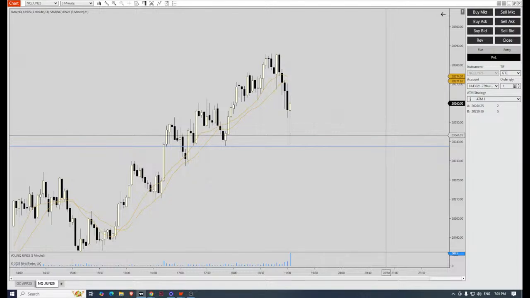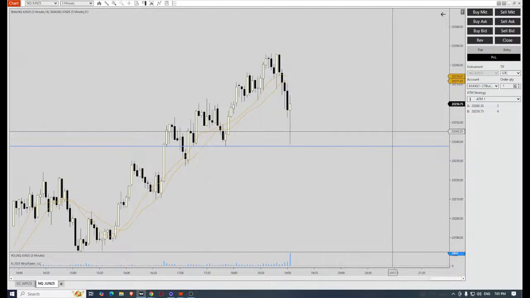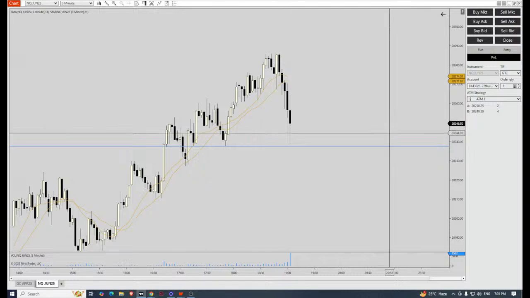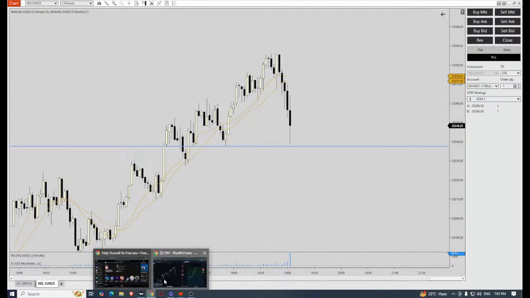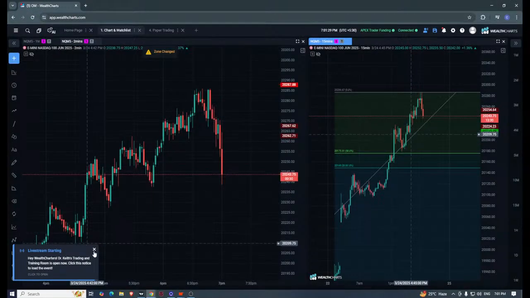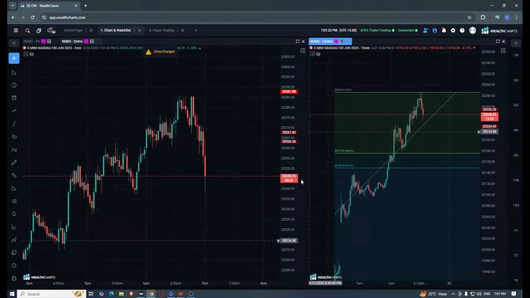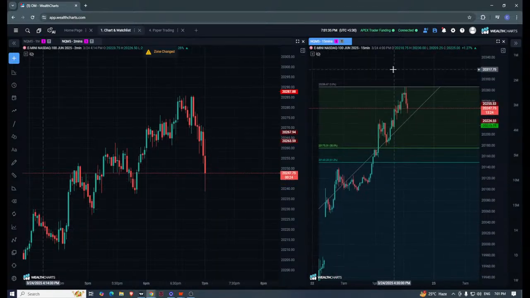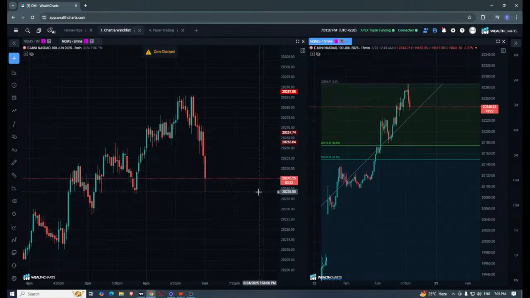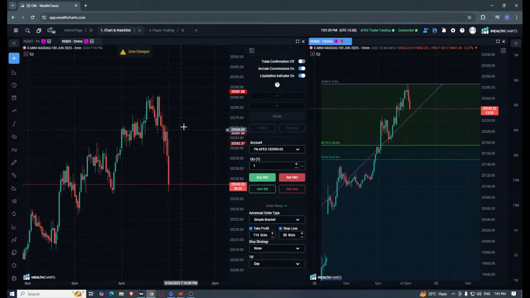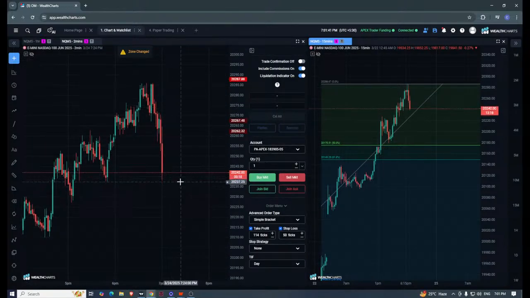All right, pushing back up. Break of structure here.